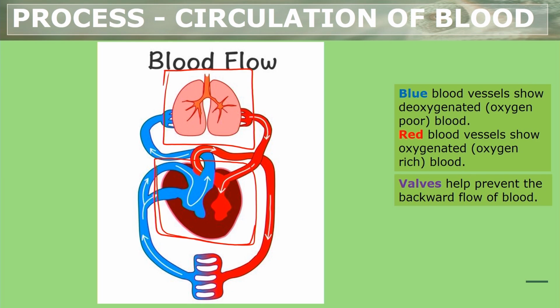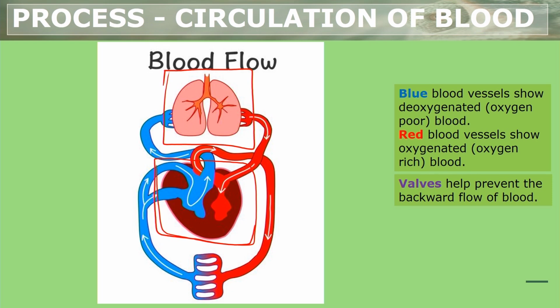Before we look at this diagram, please note that blue shows that blood vessels are carrying deoxygenated blood or oxygen poor blood, and red shows that the blood vessels are carrying oxygenated blood.